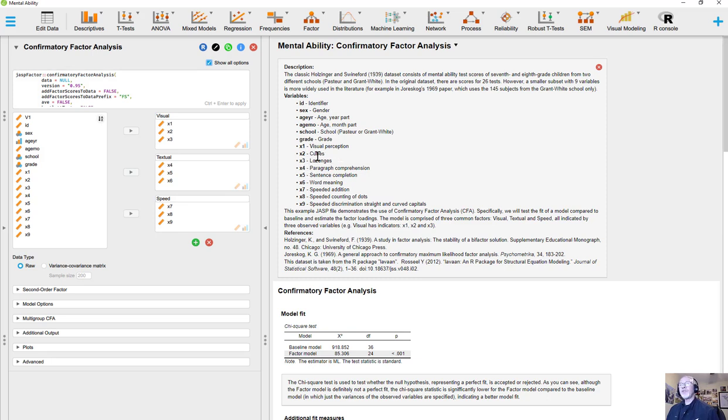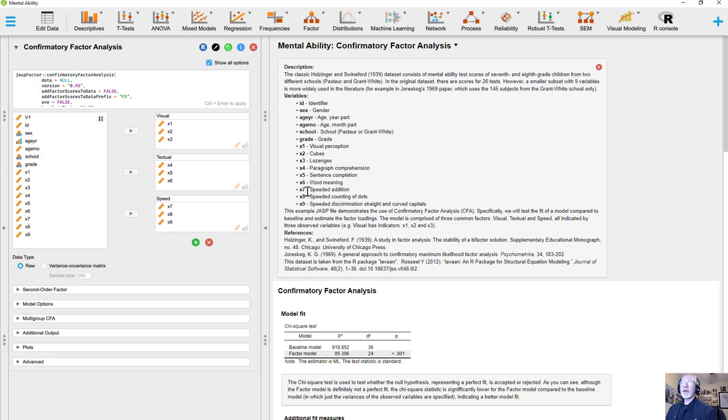Then you have our spatial ability, would be a good way of framing that. Then you have vocabulary. X4 is paragraph comprehension, then sentence completion, word meaning. Vocabulary is well known to be a major indicator of intelligence. This is all about mental ability or IQ.